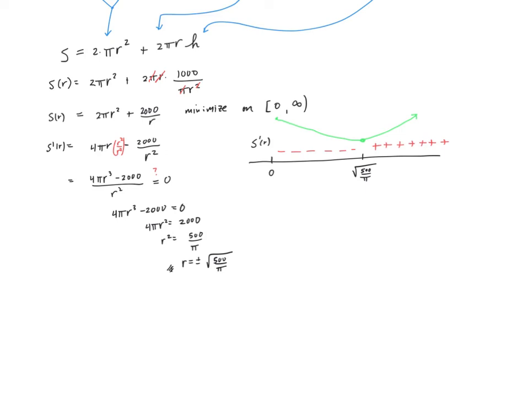So let's just make a small observation below. We have the height is 1,000 over pi r squared. So if r happens to be the square root of 500 over pi, note these dimensions work out quite nicely. R squared becomes 500 over pi.